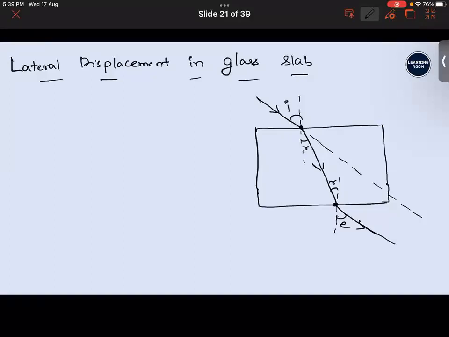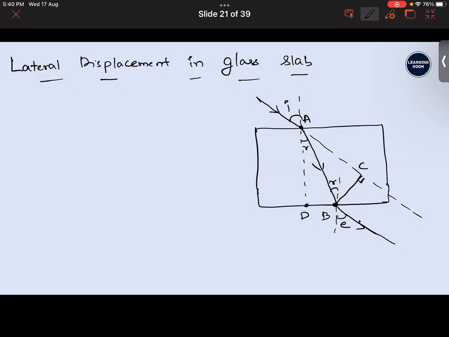Now I need to find this displacement. A, B, C. Okay. So I'll extend it from here. Let me call this point as D.